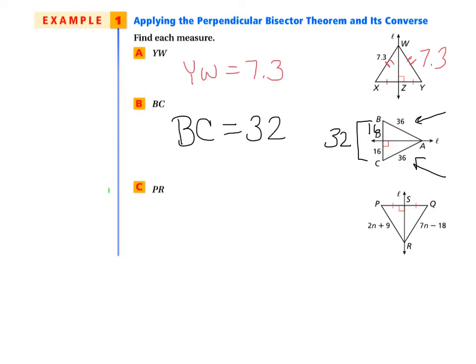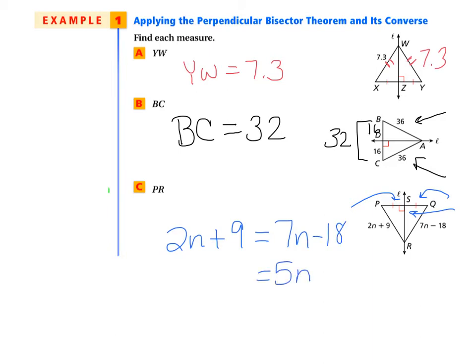And lastly, PR. Since we know that we have congruent pieces here, and we have a perpendicular bisector, we know that 2n plus 9 would have to equal 7n minus 18. And if we solve that, we would get 27 divided by 5, which is 5 4/10.